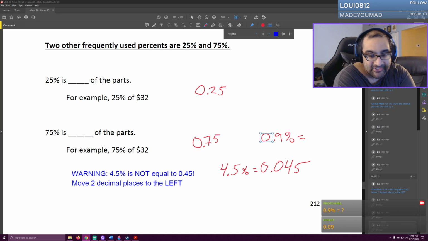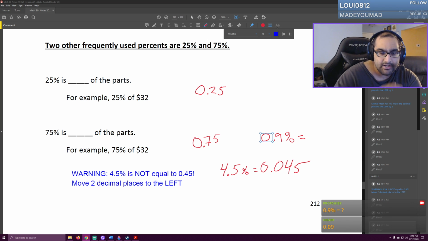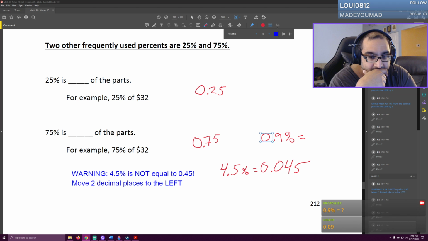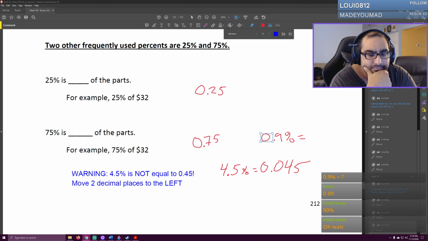No, 0.09 is 9%. No. 0.9%, come on, I know you guys can do this. 90%? How can 0.9% be 90%? It was already a percentage to begin with. You're going backwards there, Daniel.